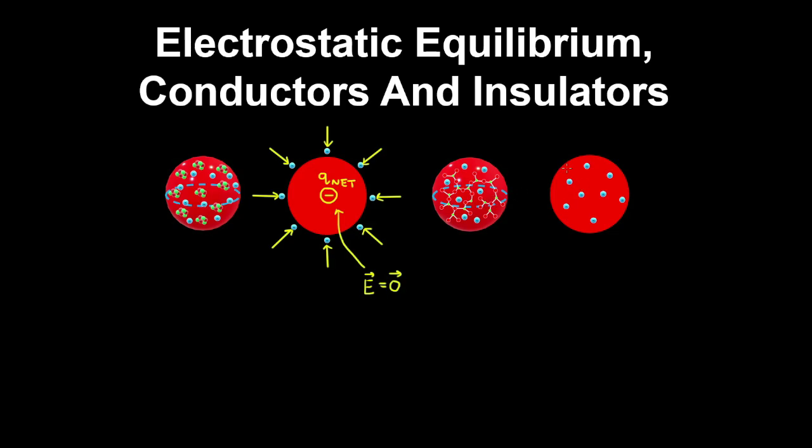So under electrostatic conditions, when these charges stop moving, the excess charge of the insulator is distributed throughout the interior of the insulator, and you'll also have the excess charge residing on the surface. So therefore the electric field within the insulator may have a non-zero value.